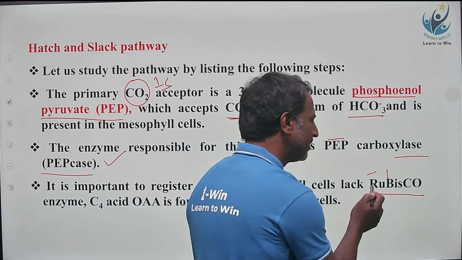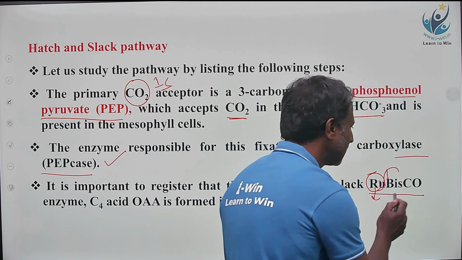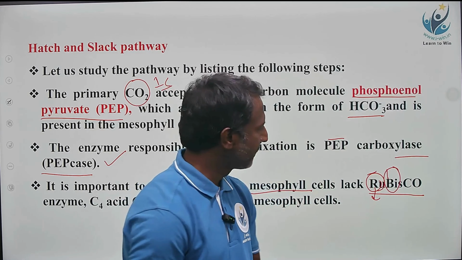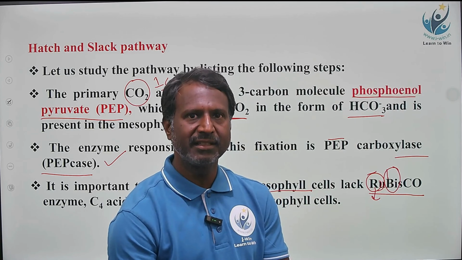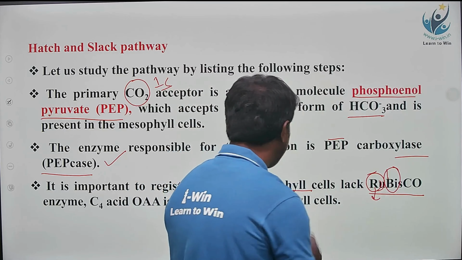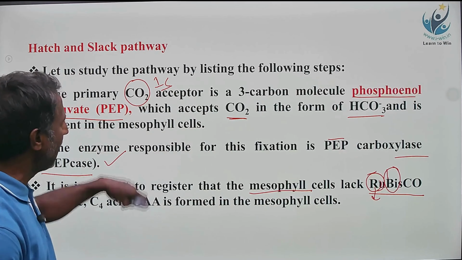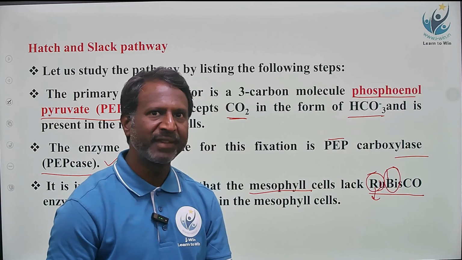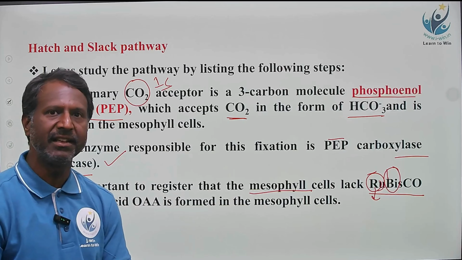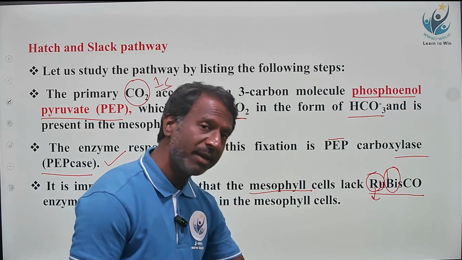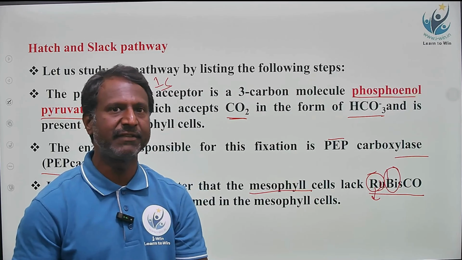No need to be confused here. RU stands for ribulose, bis stands for bisphosphate, carboxylase and oxygenase enzyme. Actually, this enzyme is absent in C4 plants. It is absent in the mesophyll cells of the plants which show the C4 pathway. But of course, this enzyme is present in some other cells of the C4 plants.